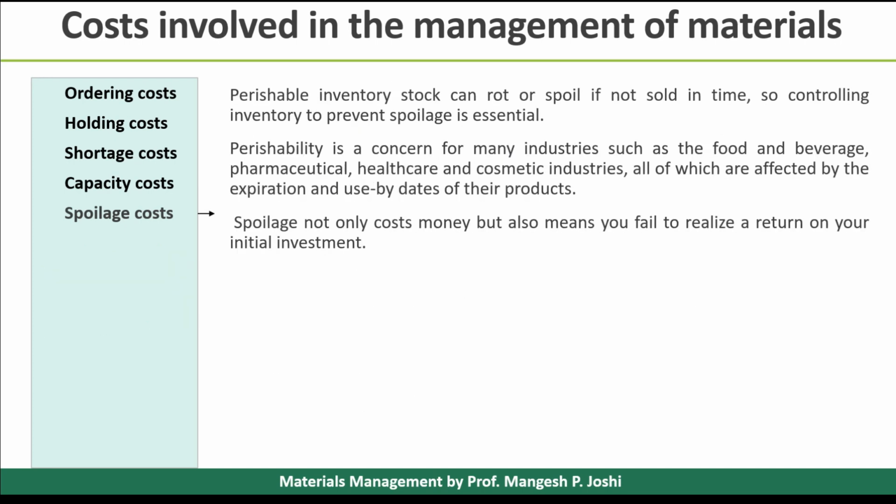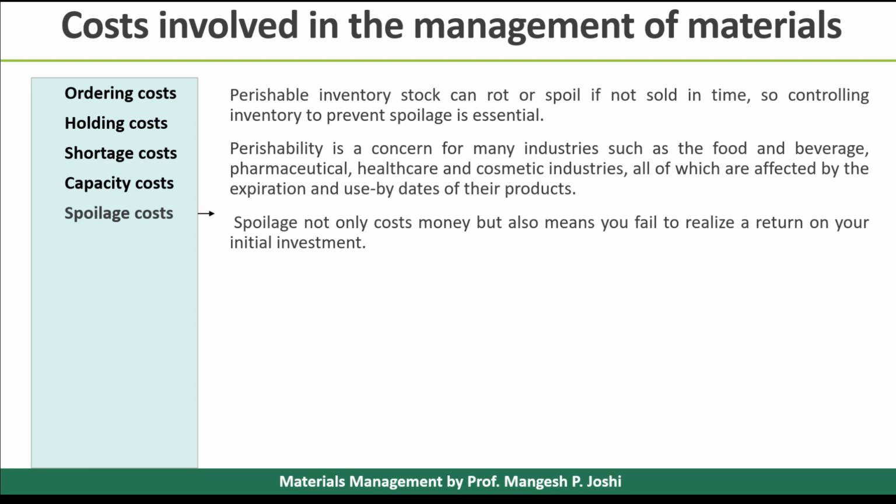And the last type of cost is spoilage cost. Perishable inventory stock can rot or spoil if not sold in time. So controlling inventory to prevent spoilage is essential. Perishability is a concern for many industries such as food and beverage, pharmaceutical, healthcare, cosmetics, all of which are affected by expiration date.